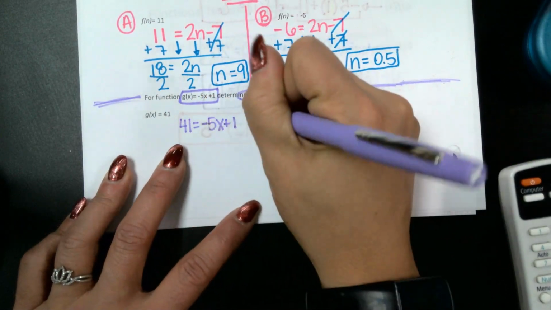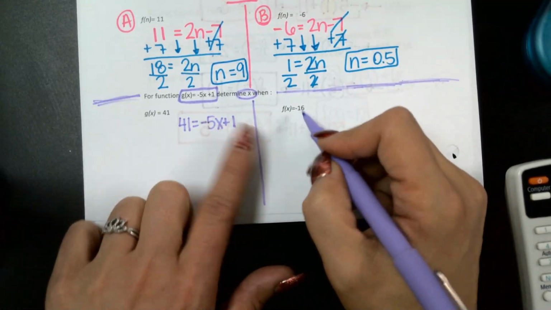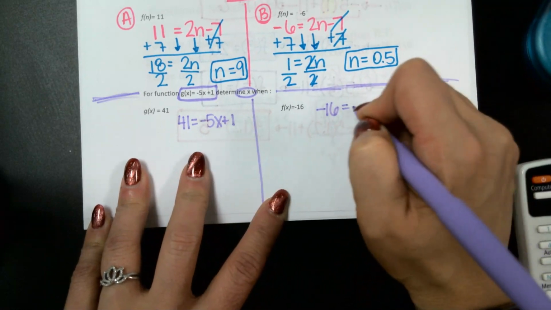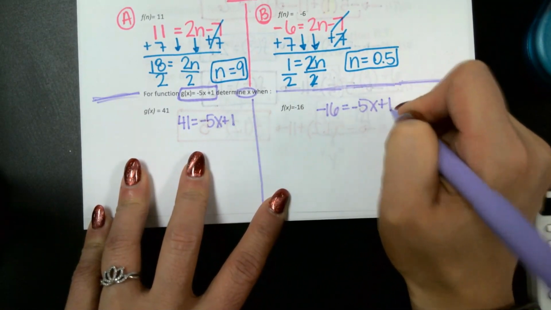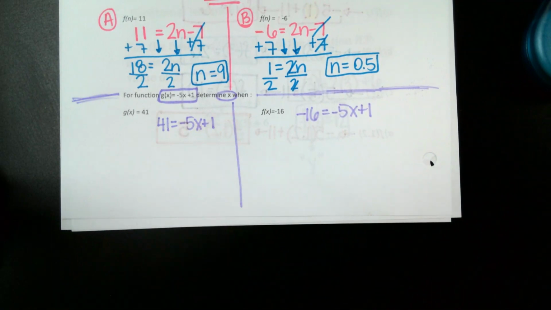So there's your starting equation for that one. And then this one, same thing, except I'm going to have a -16 on the left. And you guys just have 2 steps to do. How would you move the +1? Subtract 1 from both sides, and then how do we get rid of the -5? Divide by -5.